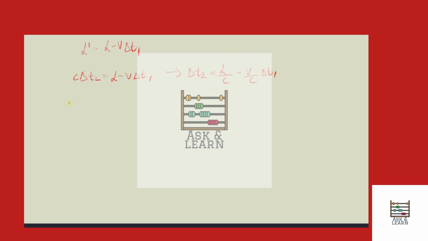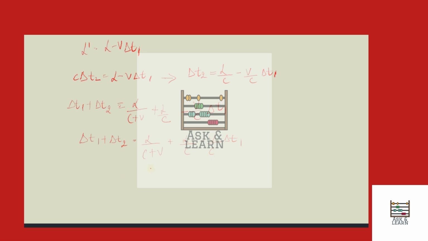The total time traveled is Δt1 plus Δt2, which is equal to L upon (c plus v) plus L upon c minus v upon c Δt1.